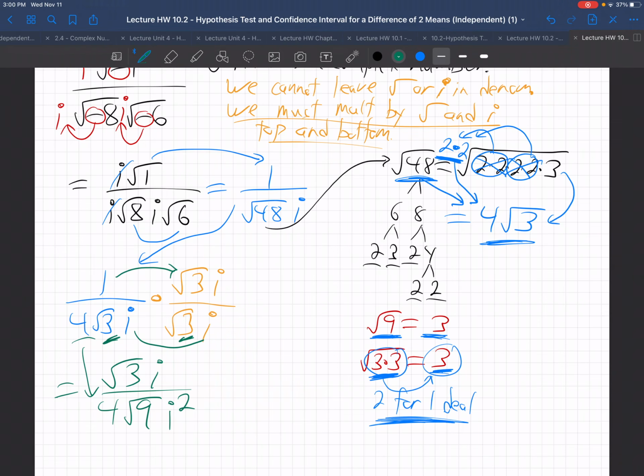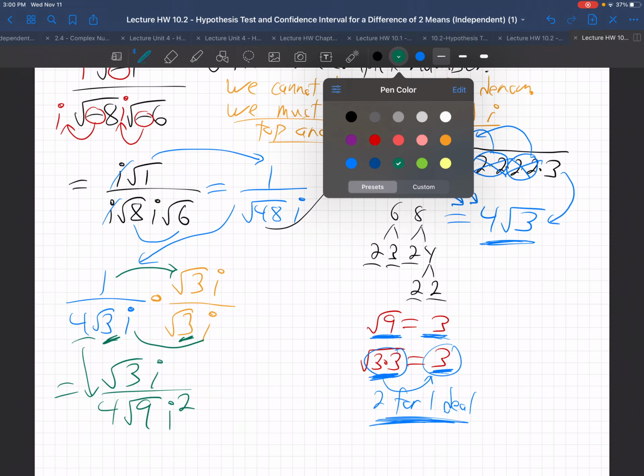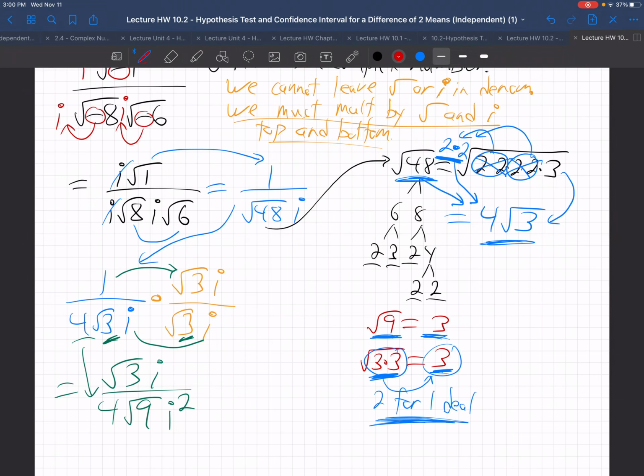Okay, now can we simplify that? Well, yeah. The root 9, you know, is 3, and I squared is -1. And of course the 4 is just 4. So that's really 4 times 3 times -1, isn't it? That's -12 down there.